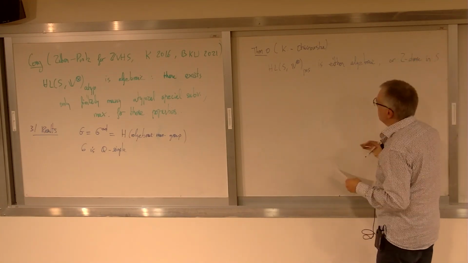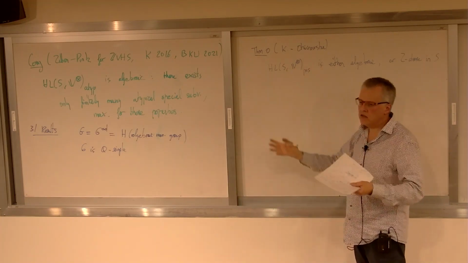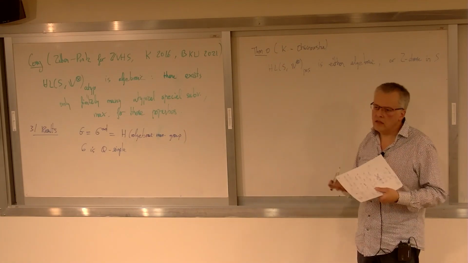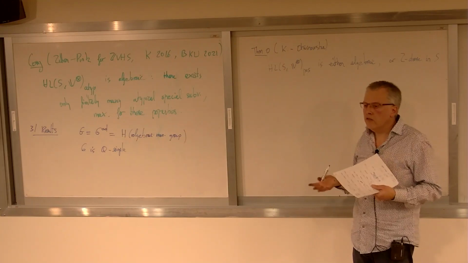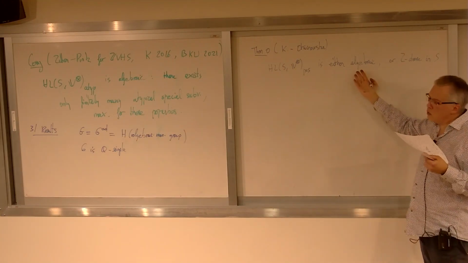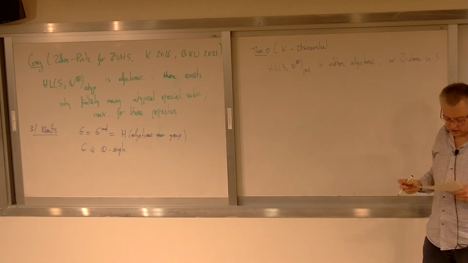In other words, for this countable union of algebraic varieties, you can ask, what is this Zariski closure? This is the first question you want to ask. And you could expect that you get, in some sense, any kind of algebraic subvarieties of S. And what we prove is that it's not true. Either it is algebraic, or it is Zariski dense. The Zariski closure is everything.